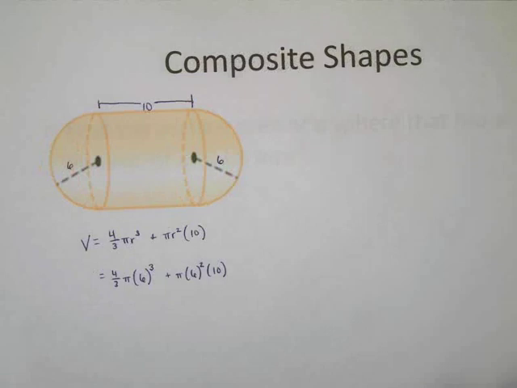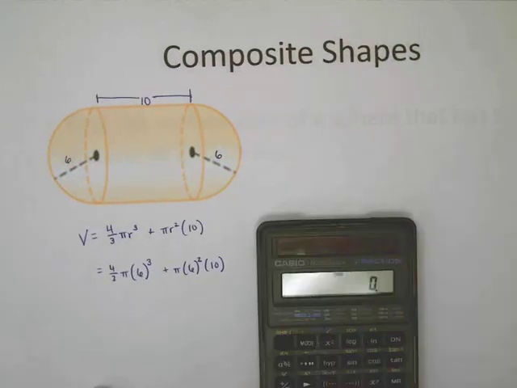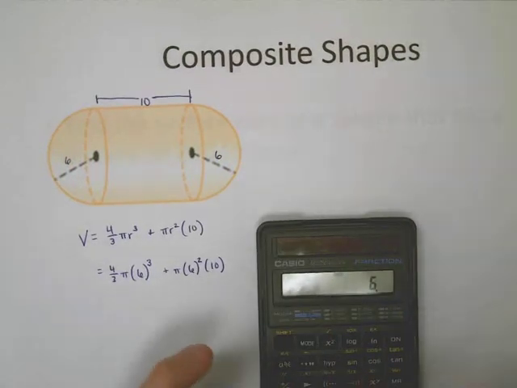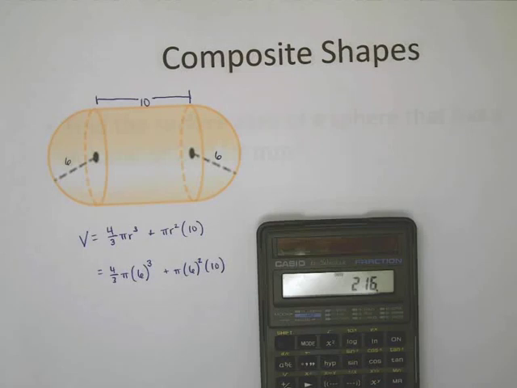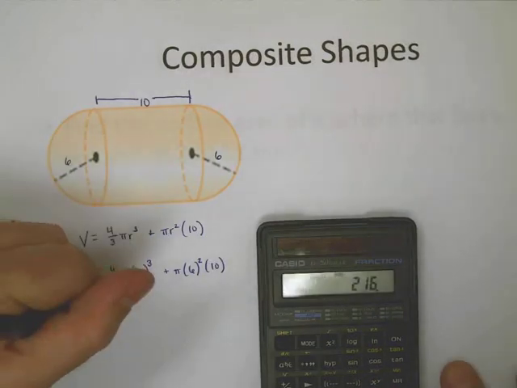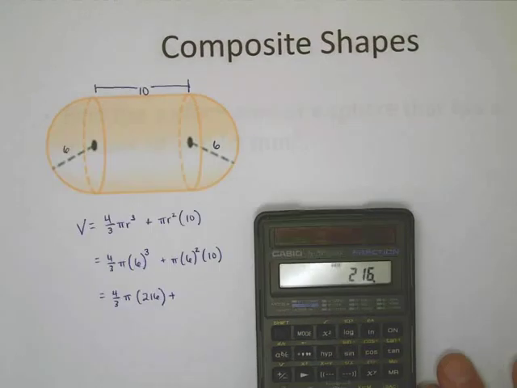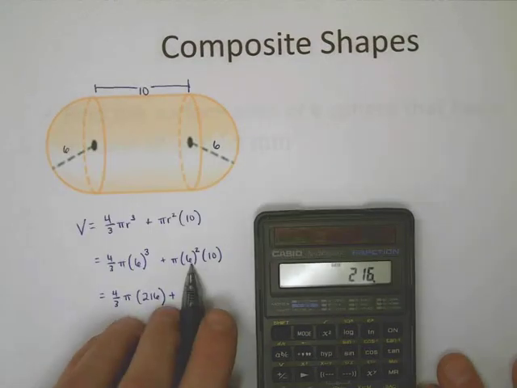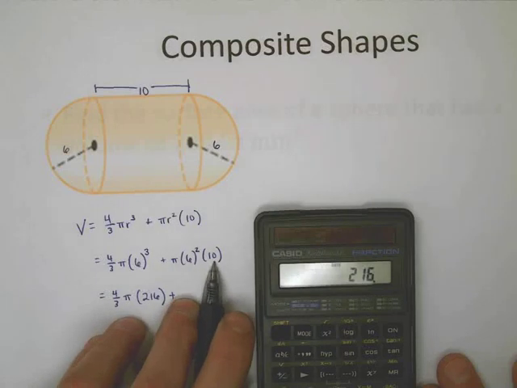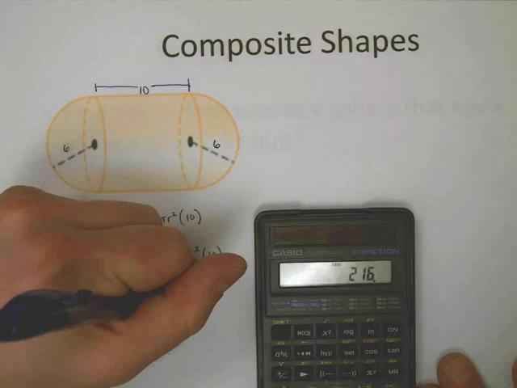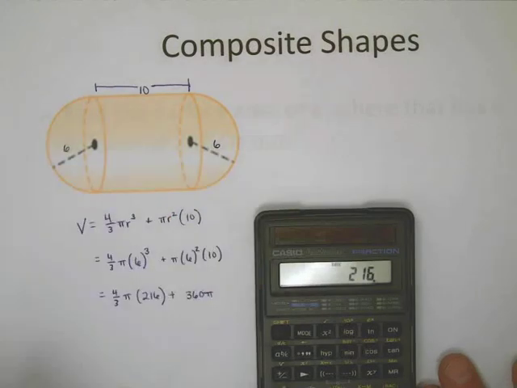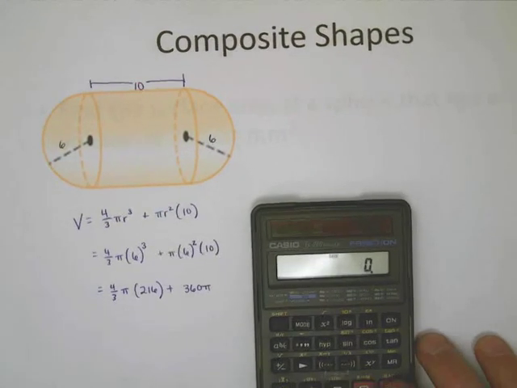We just need to be careful and take our time with order of operations here. 6 raised to the third power is 216, so I'm going to do this first: 4/3 pi times 216, plus, this one's a little bit easier, 6 squared is 36. 36 times 10 is 360, so I have 360 pi's.